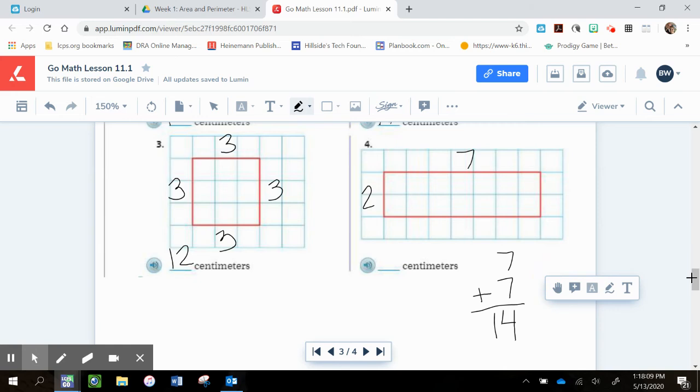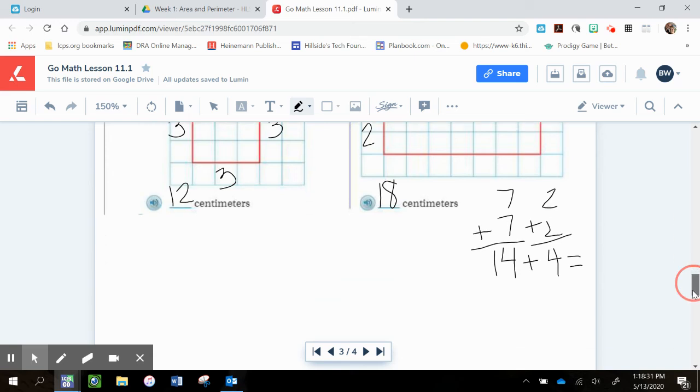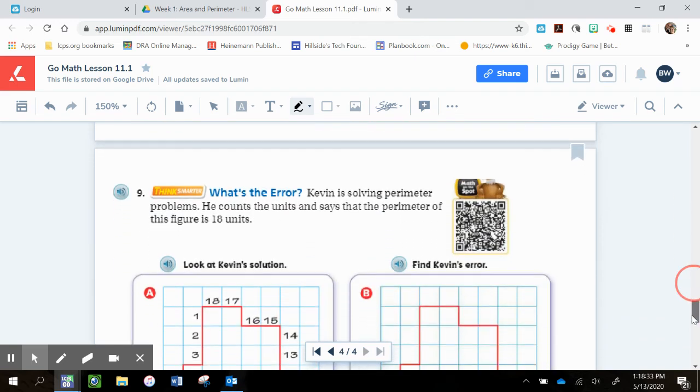And we know that 2 plus 2 is 4. So if we add 14 plus 4 together, we would get 18 centimeters for the perimeter.